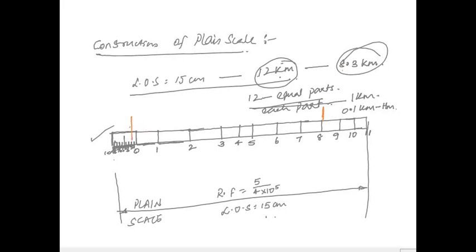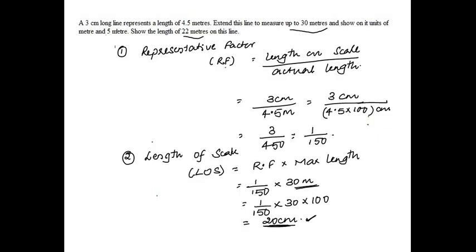So this distance is 8.3 kilometers. Okay, this is how we'll construct a plane scale, right? I think all of you know how to divide a line into n number of equal parts. I'll just give a small briefing on that, which I already discussed in the earlier classes.